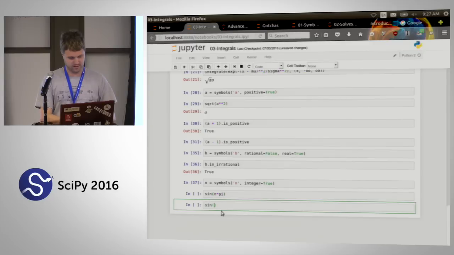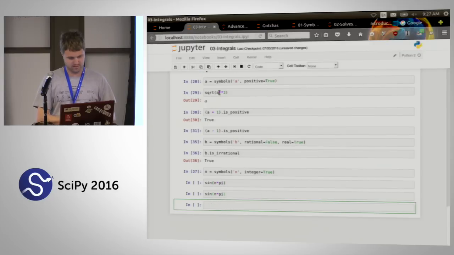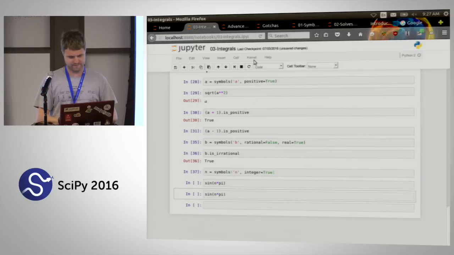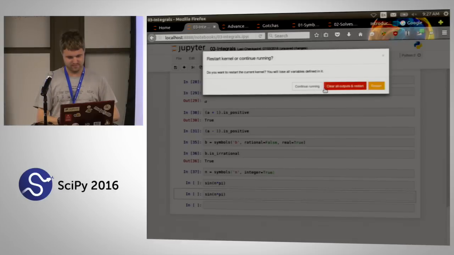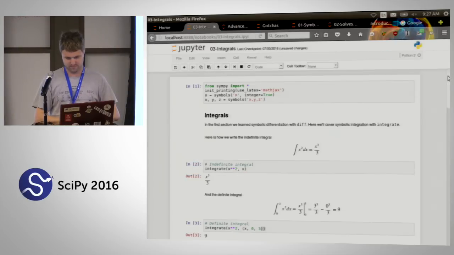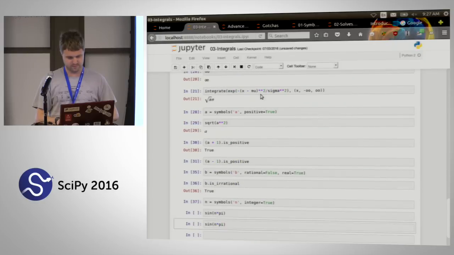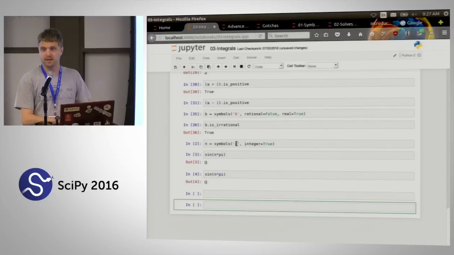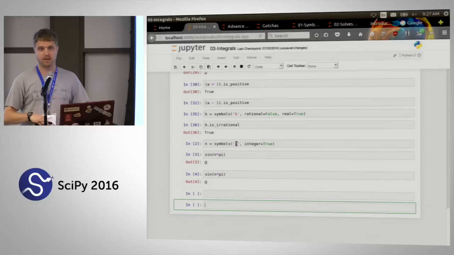It doesn't want to evaluate that. Okay. Yeah, so if I set, for example, it knows that sine of an integer times pi is 0.